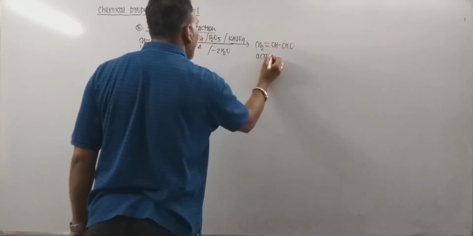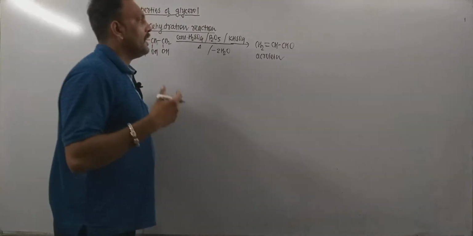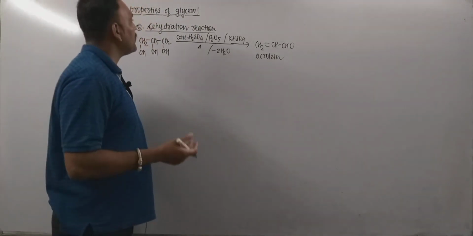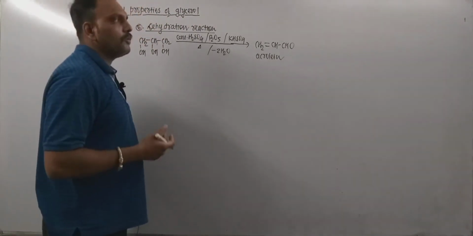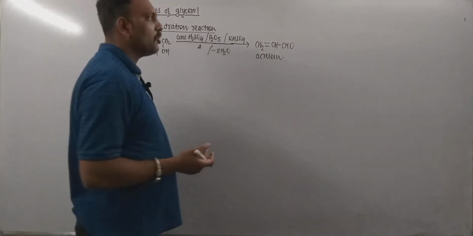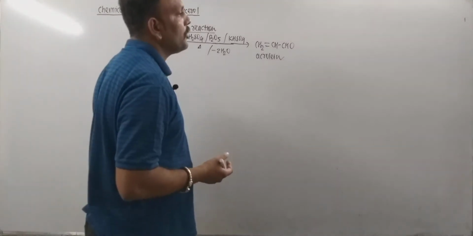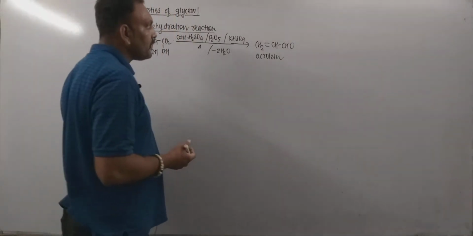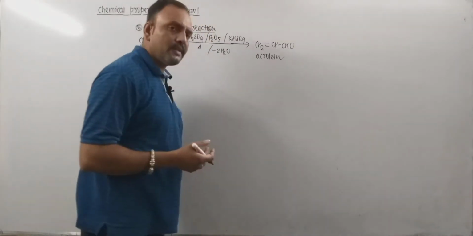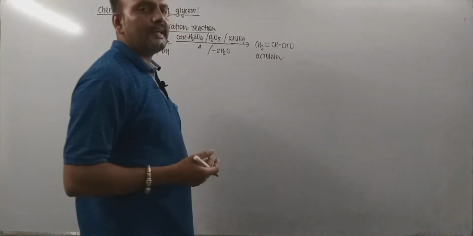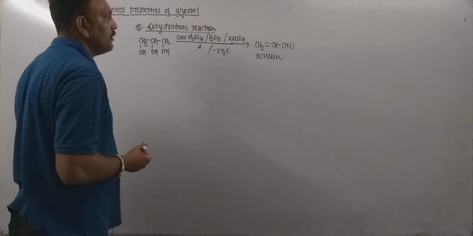Remember, acrolein is obtained, and this reaction is also used as a test to detect glycerol under the name acrolein test. This is a very important analytical test for glycerol.